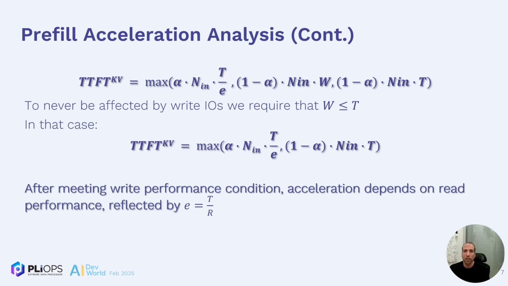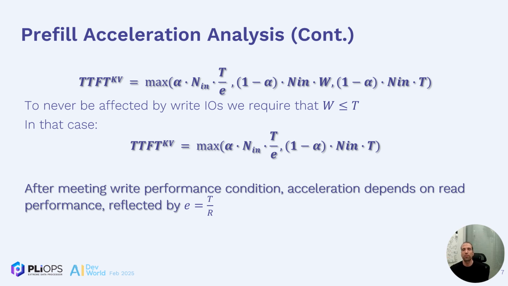If this condition holds, then the write term, 1 minus alpha times n times W, is always smaller or equal to the compute term, meaning it no longer influences the max function. So we can just omit it.